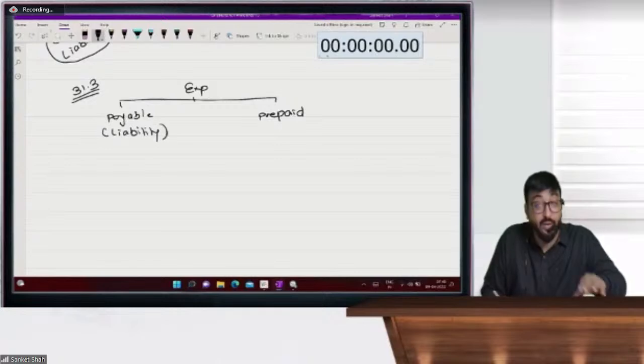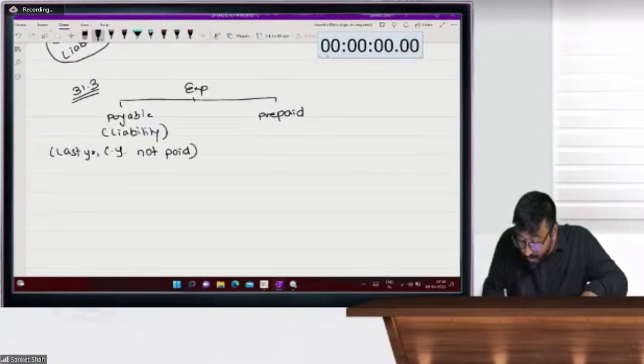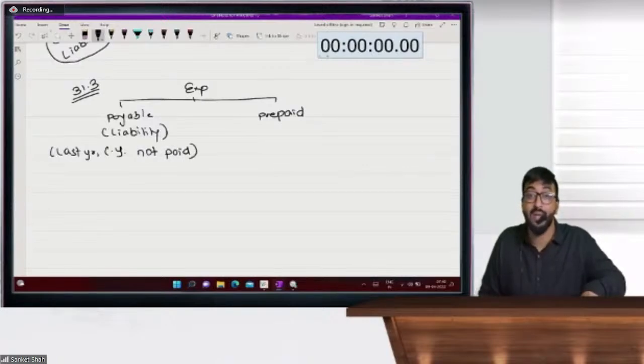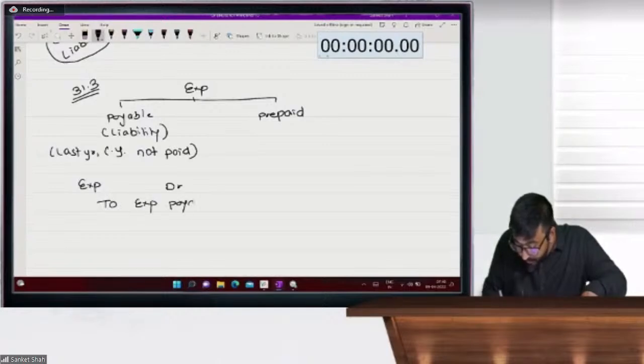Liability might be of last year amount or current year amount you have not paid. Last year for direct entry students, and current year amounts not paid. This is a topic where you are going to improve your basics by Sanket sir's way. So entry will be expenditure account debit to expenditure payable.